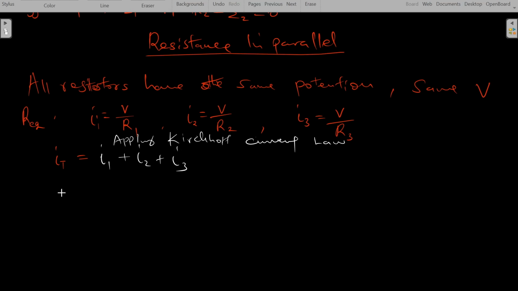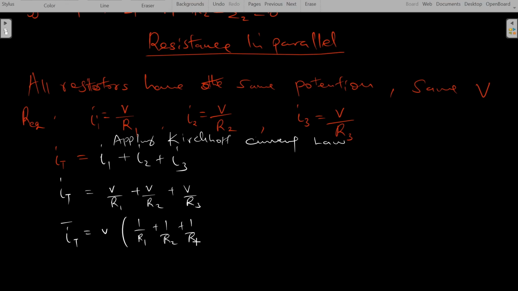So what's my first current here? It's V upon R1, then add that to V upon R2 and add that to V upon R3. So pulling out my V, I total should get me V into 1 upon R1 plus 1 upon R2 plus 1 upon R3.